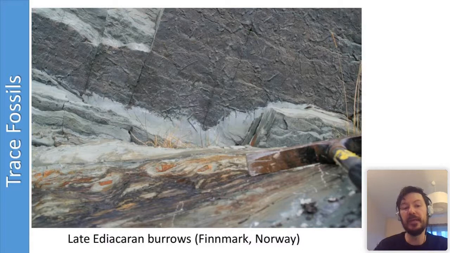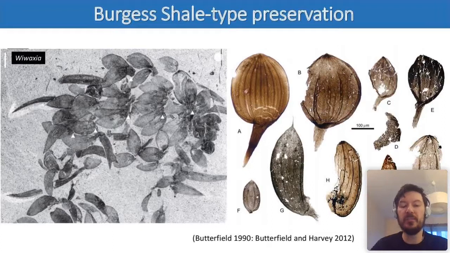So ideally what we need is a more continuous record of soft-bodied body fossils covering this interval. And one of the ways we might start building up such a record is by exploiting a property of Burgess shale type preservation itself.